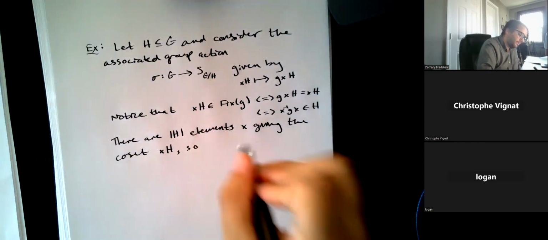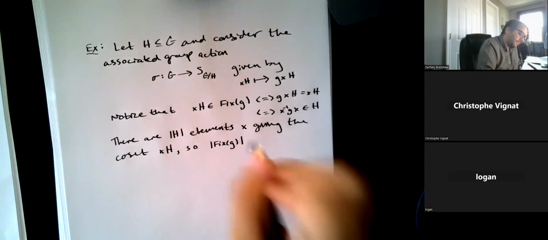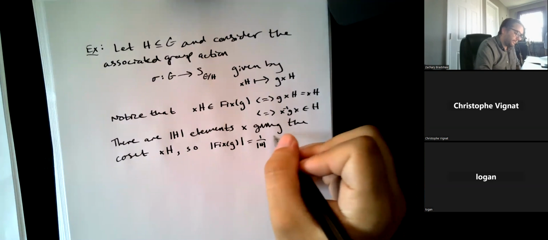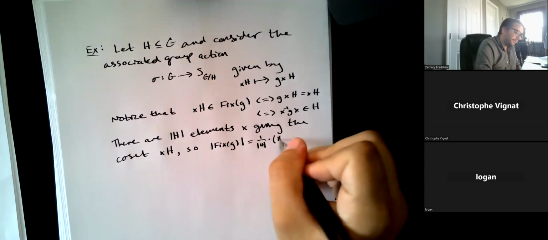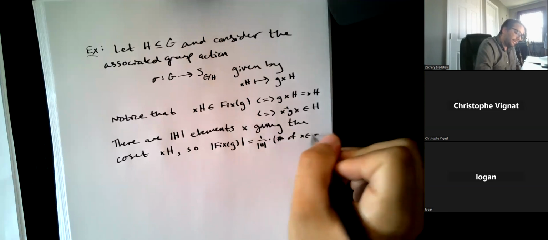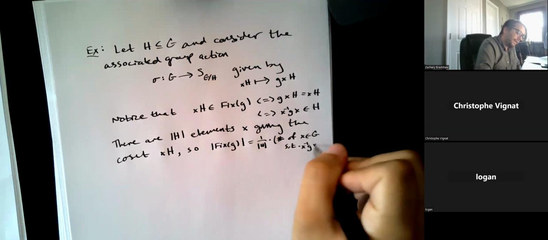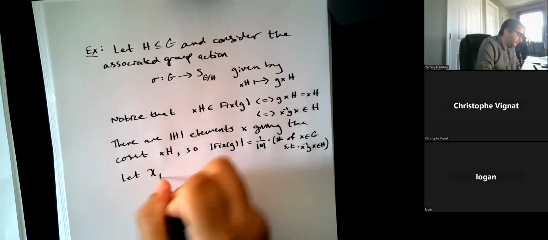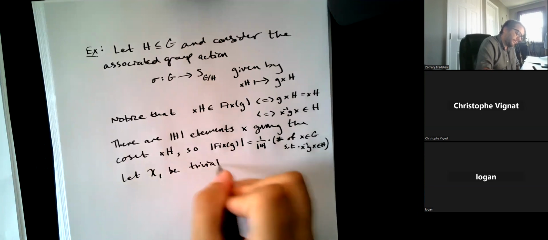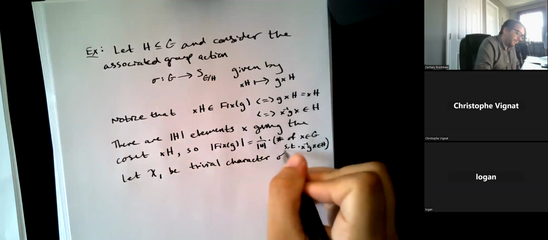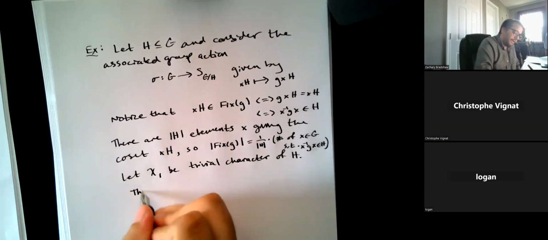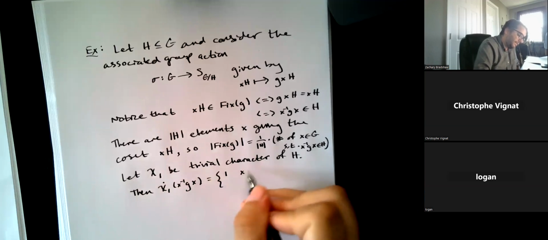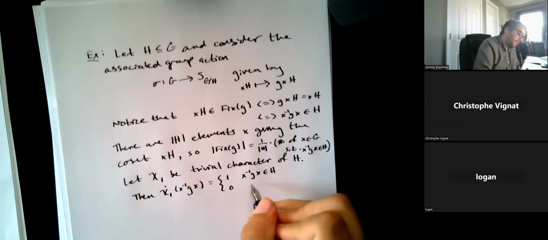So the size of this fixed set is 1 over the order of H times the number of x in G such that x inverse g x is an element of H. So again, let chi1 be the trivial character, but this time let it be the trivial character of H. Then chi1 dot of x inverse g x is 1 if x inverse g x is in H and 0 otherwise.